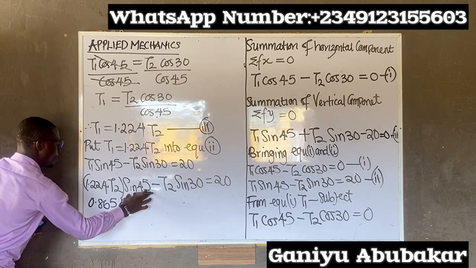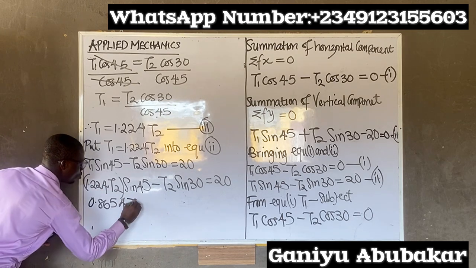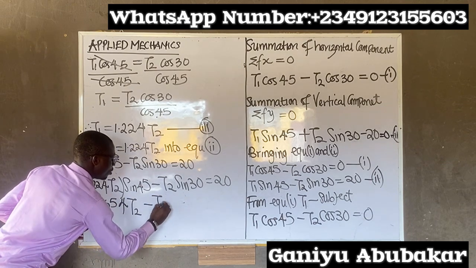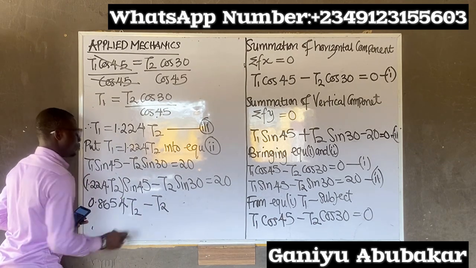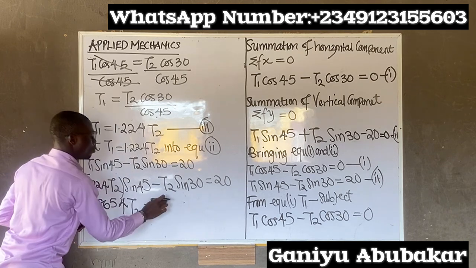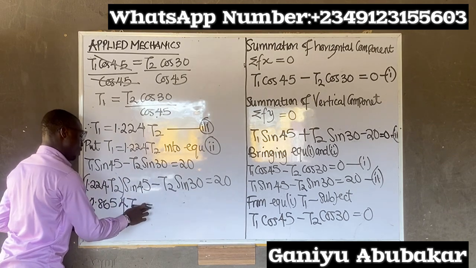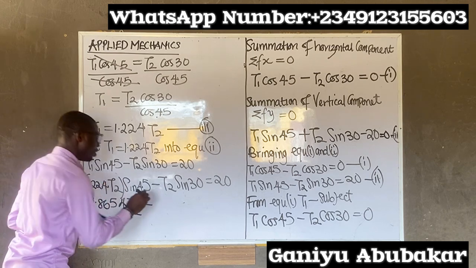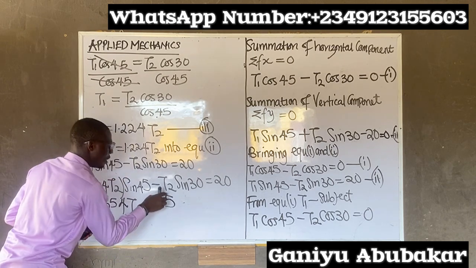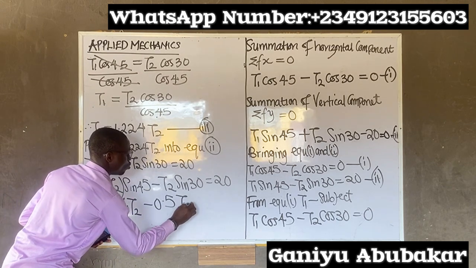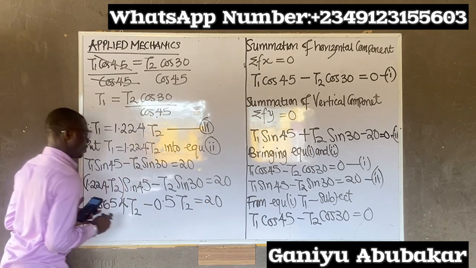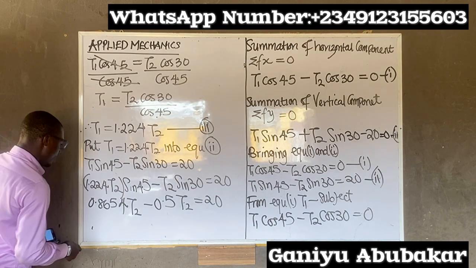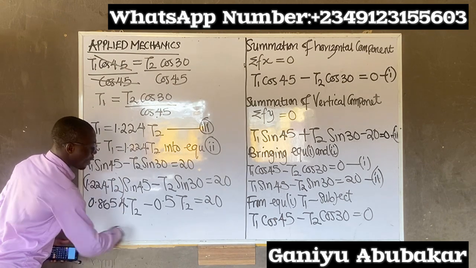Then attach T2 here. Next, minus T2 times sine 30. What is sine 30? Sine 30 is obviously 0.5. Then T2 should come here. T2 equals 20.